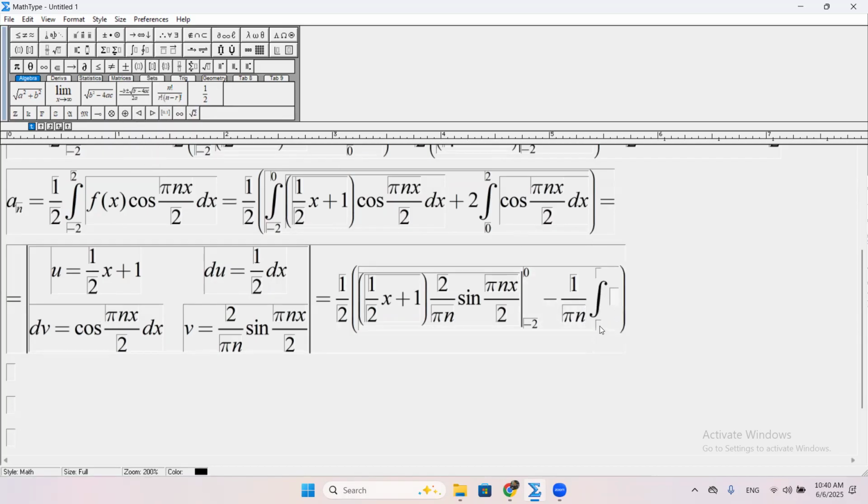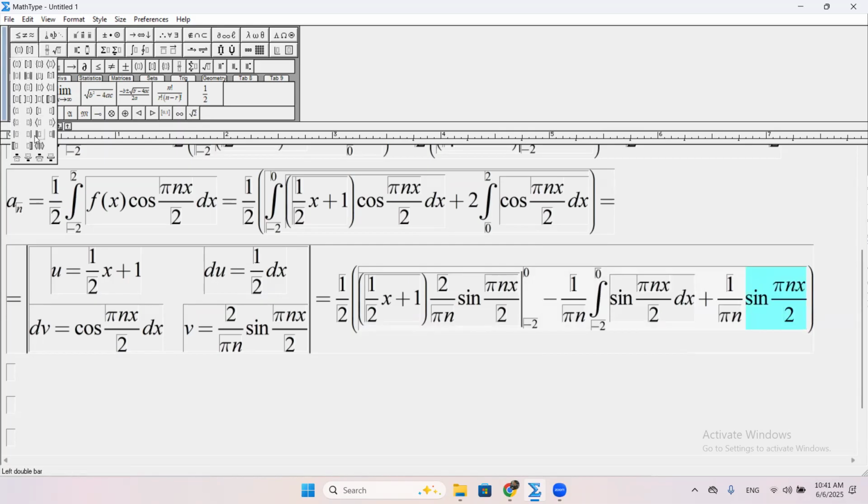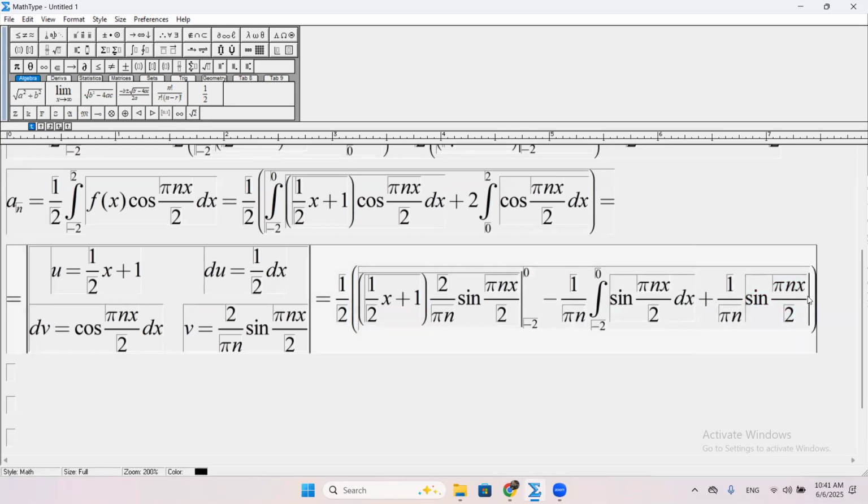Integral from -2 to 0, sine of P n x over 2 dx. And then plus 1 over P n, sine of P n x over 2, with the substitutions from 2 to 0.